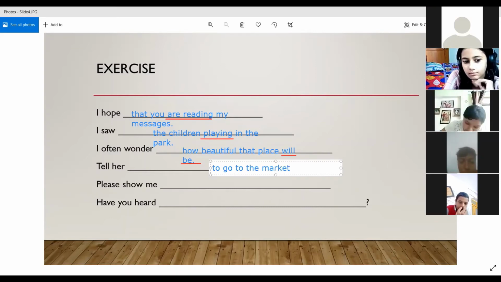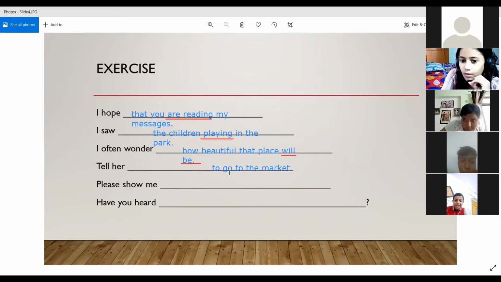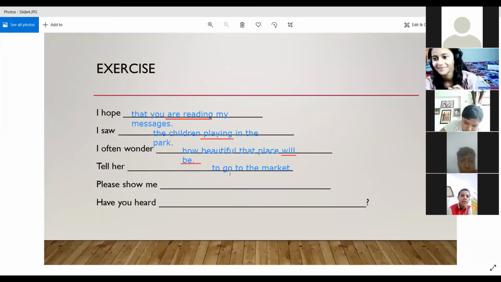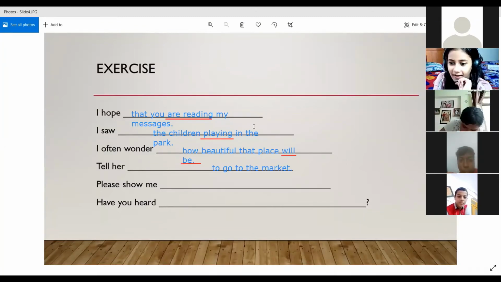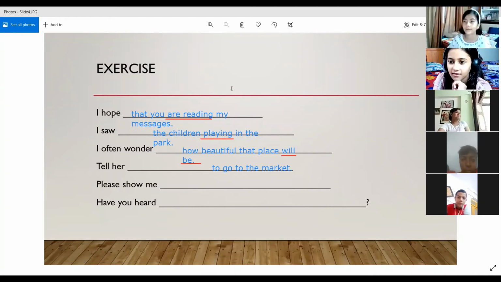Tell me the verb present. Sir, go to. Yes, go to. Why to? Why to is the verb? I have never seen to as a verb anywhere. Sir, only go. All right. So over here, what is happening?